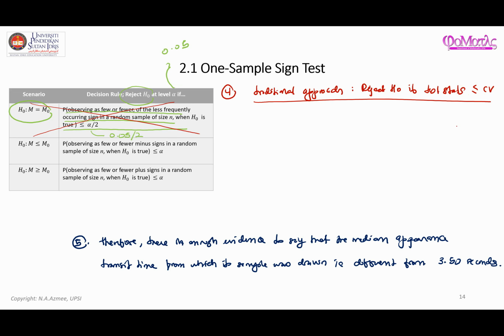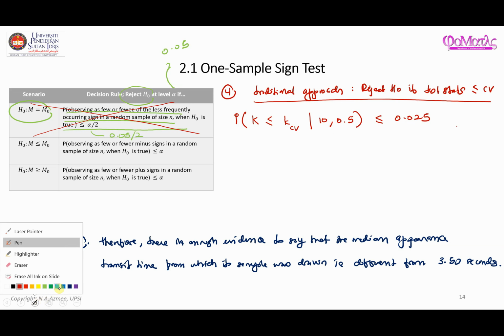So what is the critical value in this scenario? When you want to find this probability of having our random variable less than or equal to KCV, I'm going to call this KCV. So KCV here is the critical value. When sample size is 10, 0.5, the probability of that must be less than or equal to 0.025.